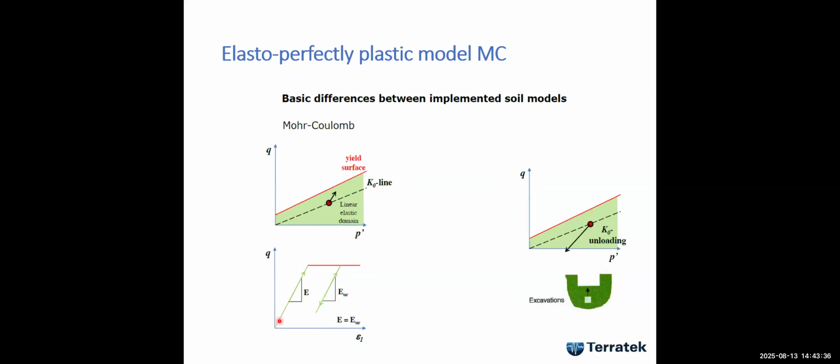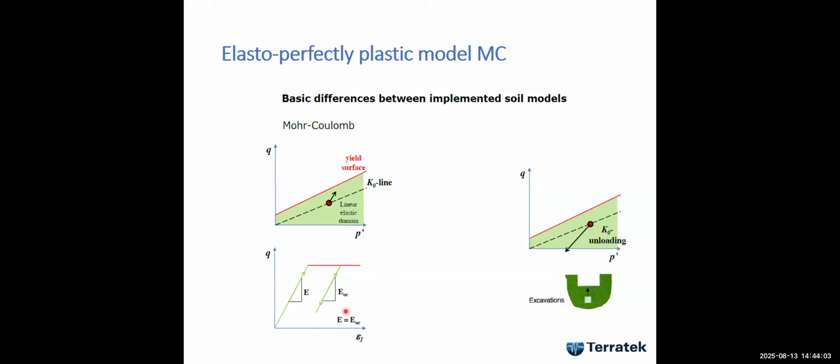By using the Mohr-Coulomb constitutive model, it assigns a loading relationship, which is the Young's modulus. And if you assign this, but you unload, the modulus is the same. So there's no difference.